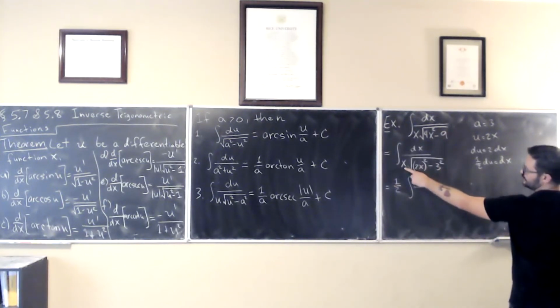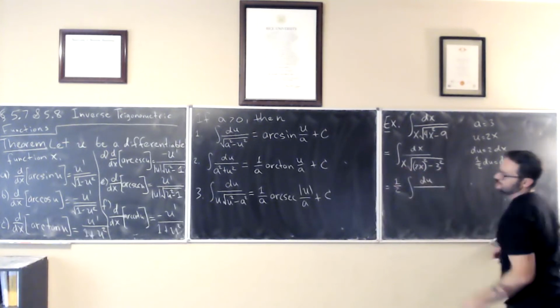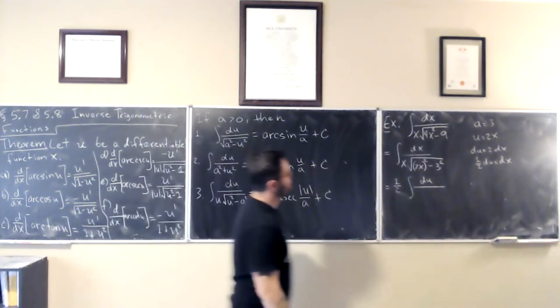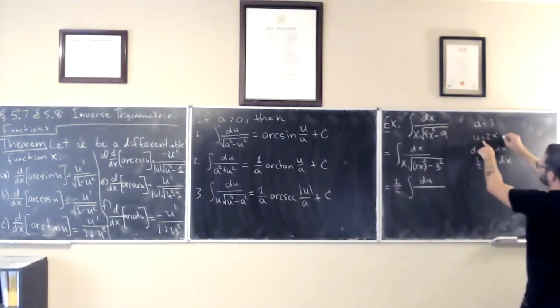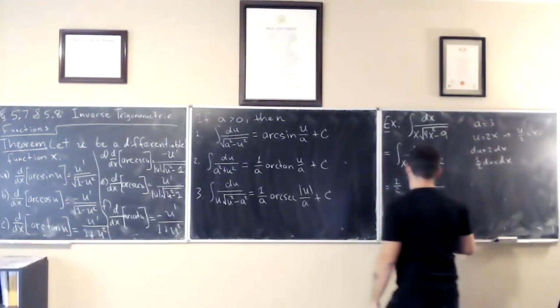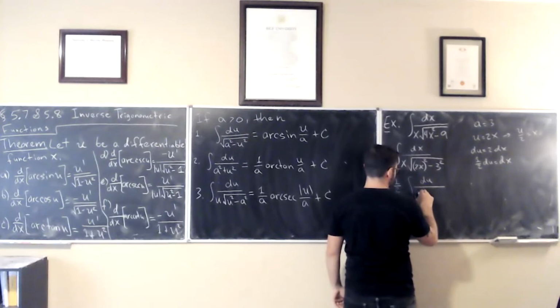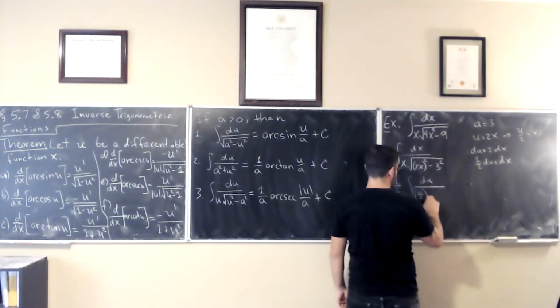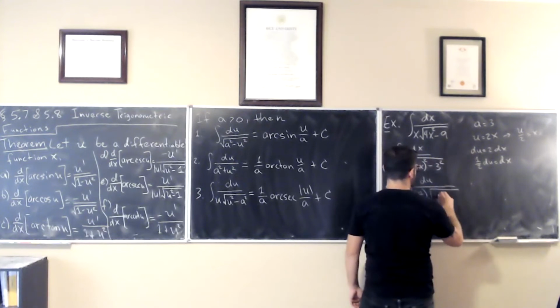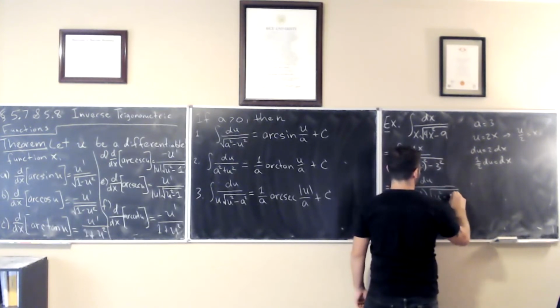And then I need to rewrite that x, right? I need there to be u right there. So I look up here and I say, oh, I see that u over 2 is equal to x. So that's what I'm going to replace it with. And then times root u squared minus 3 squared.